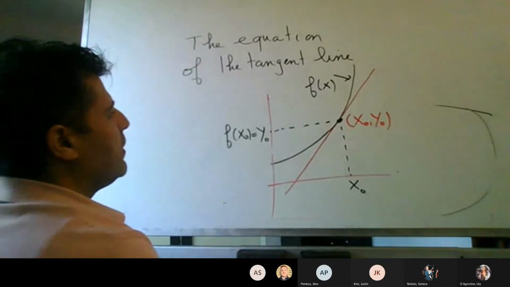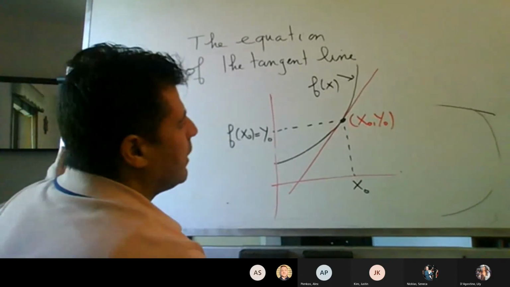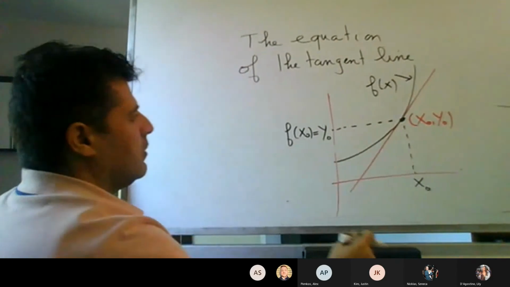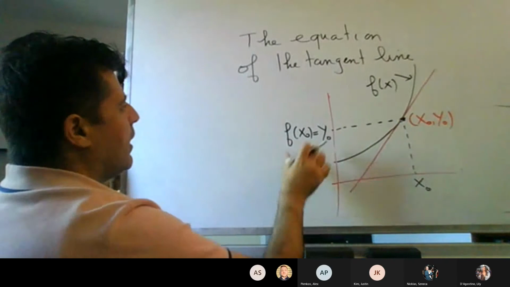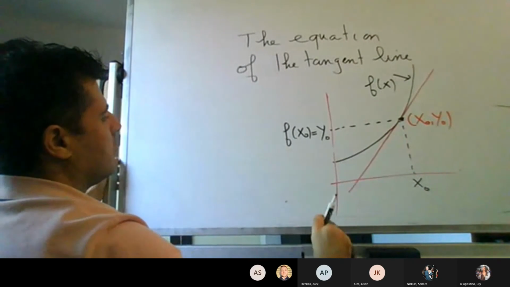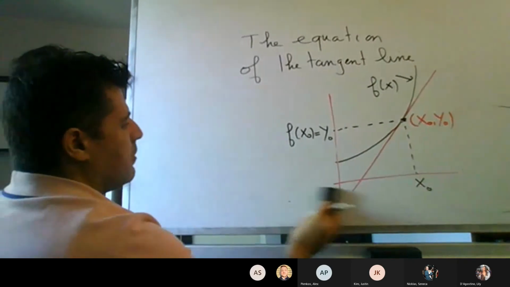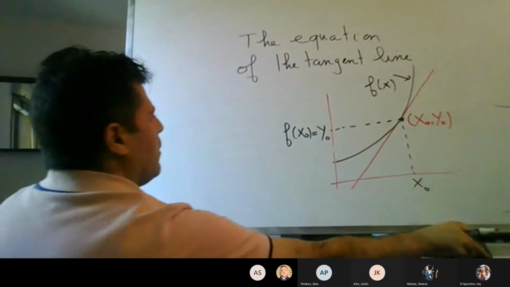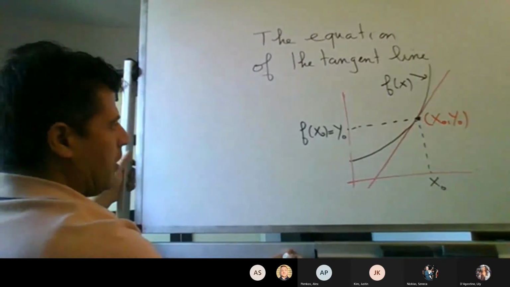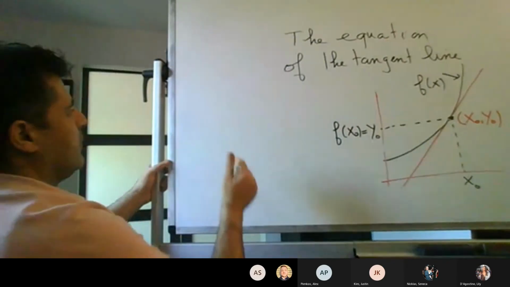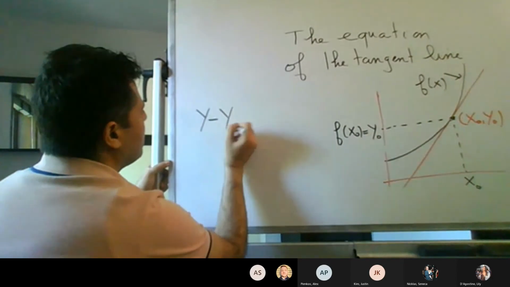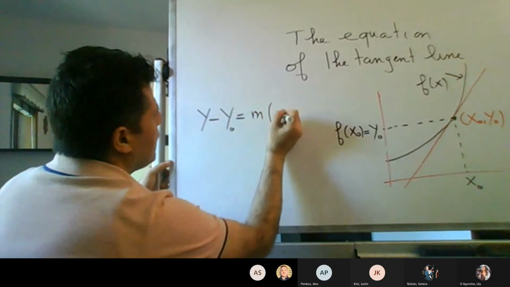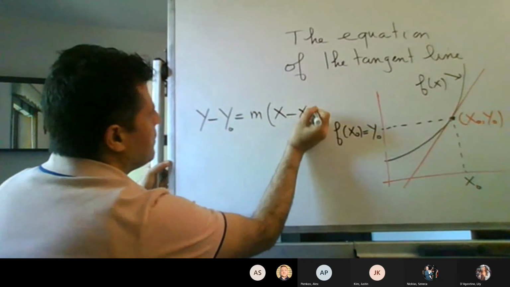You have this formula for the equation of the tangent line. So you need to know the slope, and you need to know the value of the function at x0. In general, the equation of the tangent line is y minus y0 is m times x minus x0.